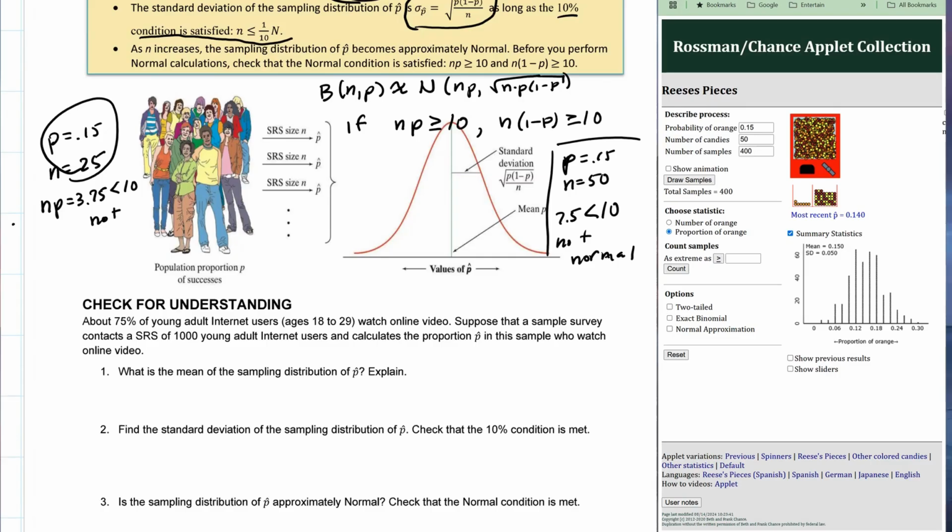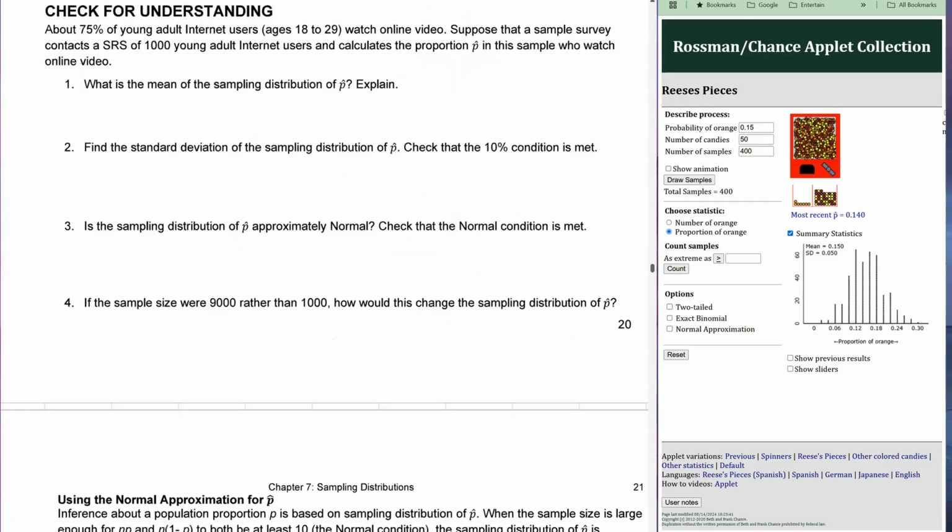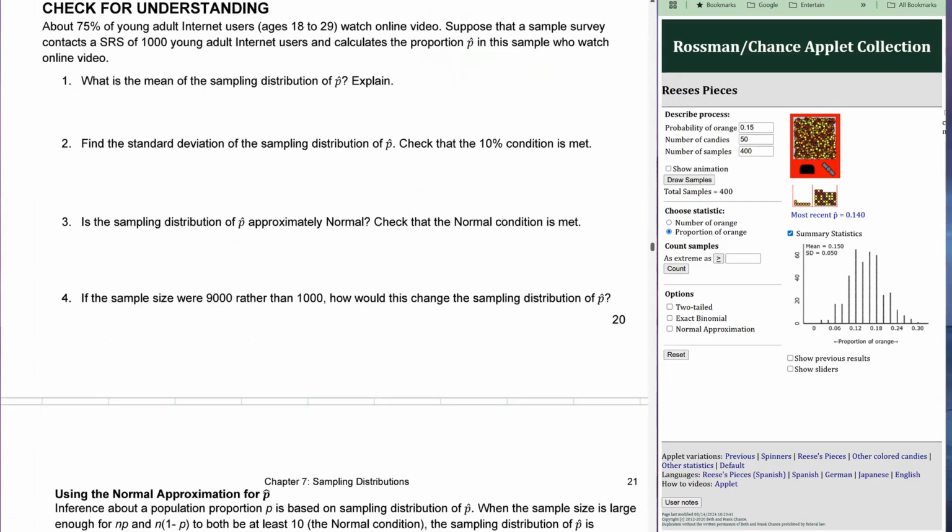All right, let's go ahead and look at this next set of check for understanding questions. It says about 75% of young adult internet users ages 18 to 29 watch online videos.